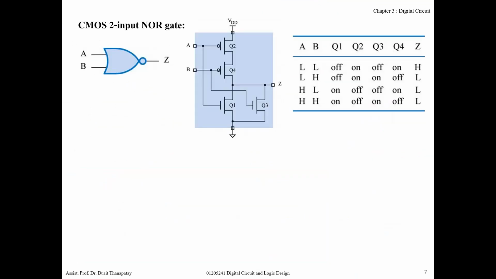Okay, now let's consider this kind of circuit. For this one, there are 4 transistors. 2 of them are active high, with no inversion bubble, and these 2 transistors are active low. So let's analyze this one.